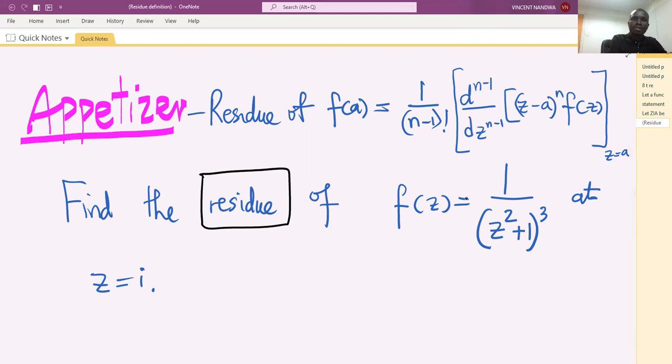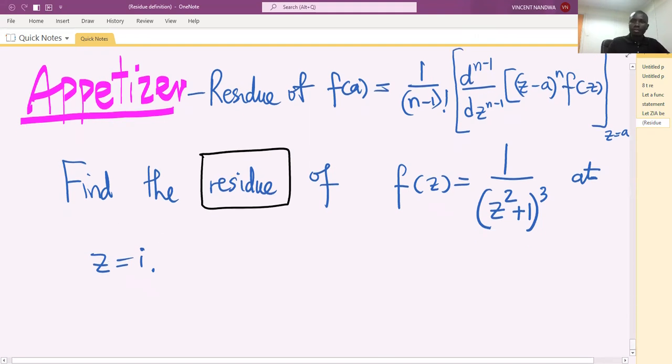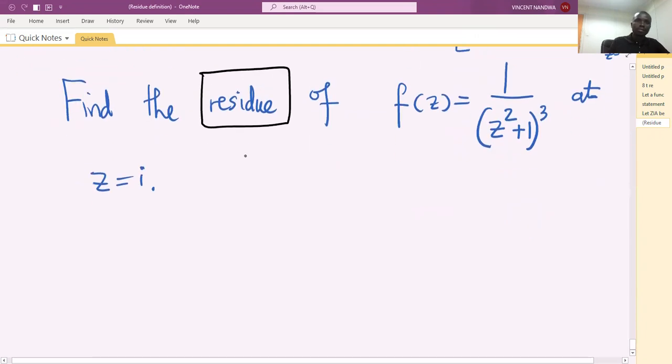So the first step is to find the poles of this function, and then once we have obtained the poles, we concentrate on this given value of z. And actually, this should be one of the poles for this particular function. So let's see how we solve this.